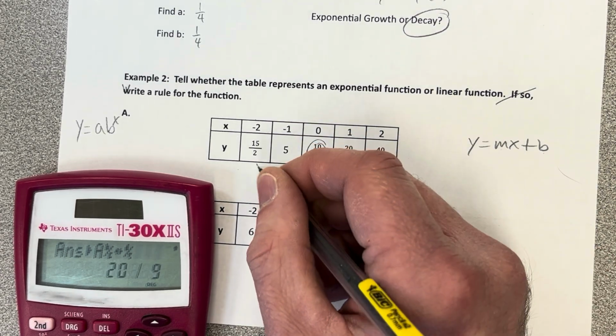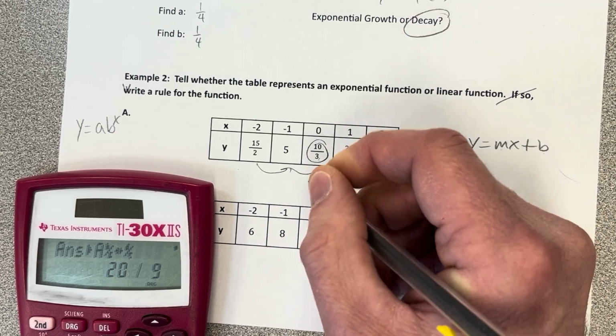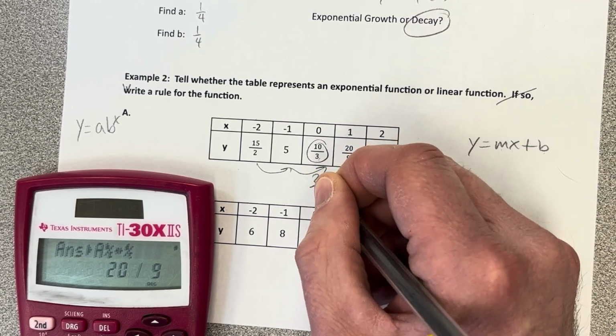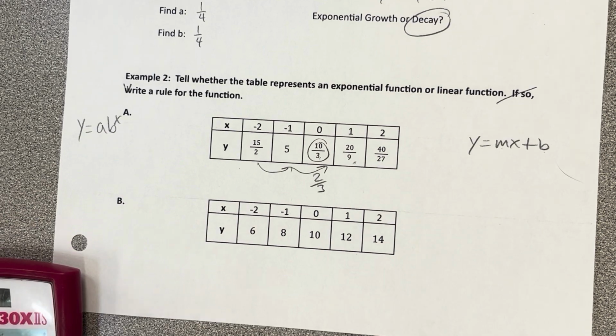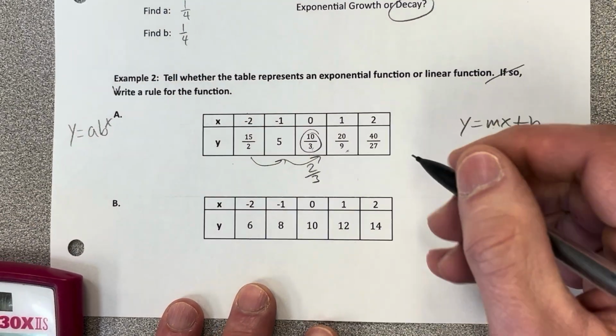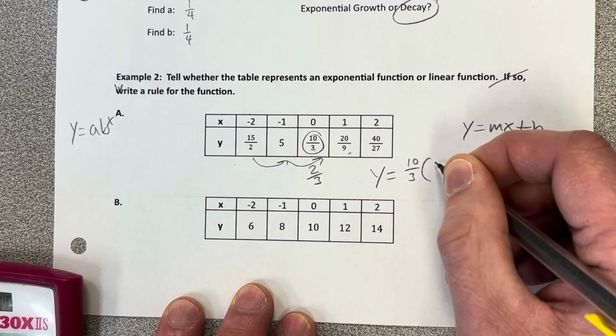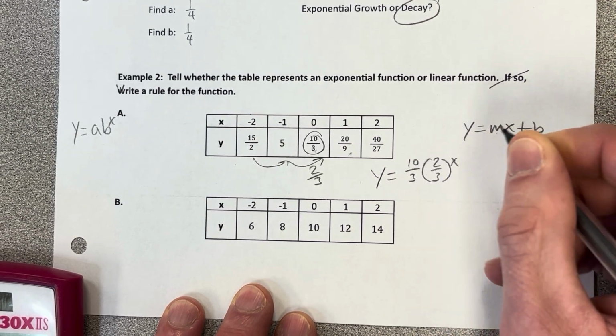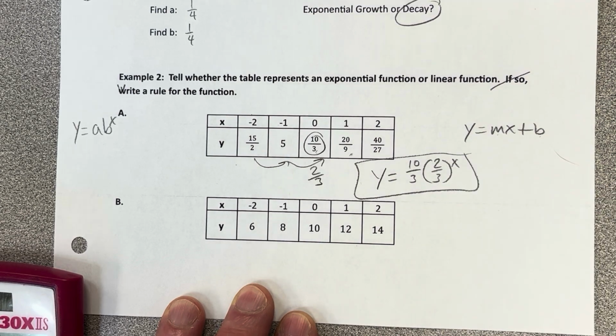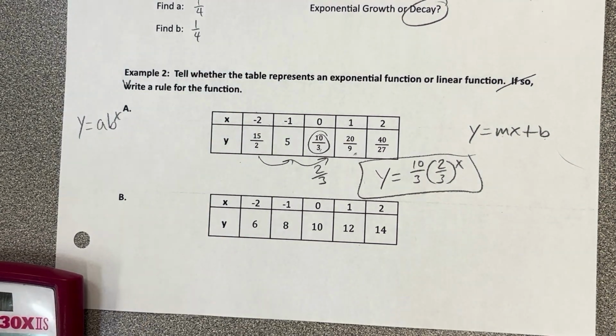So it turns out, class, our decay factor is 2/3. So because this is exponential, we're going to go y equals 10/3 times 2/3 to the x. And that's how it's done.